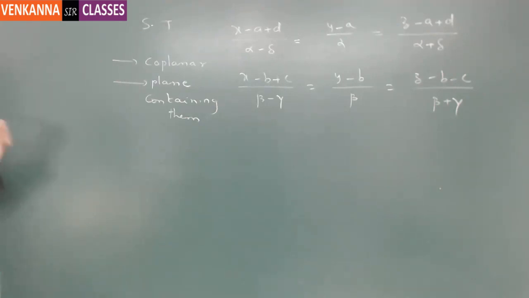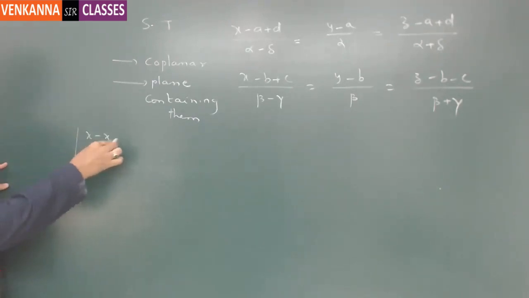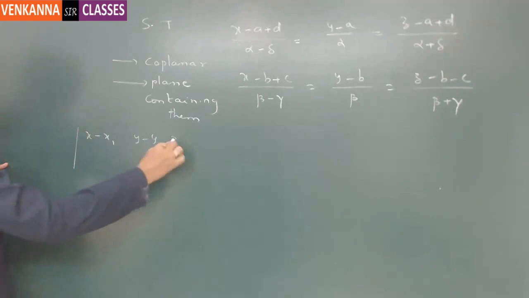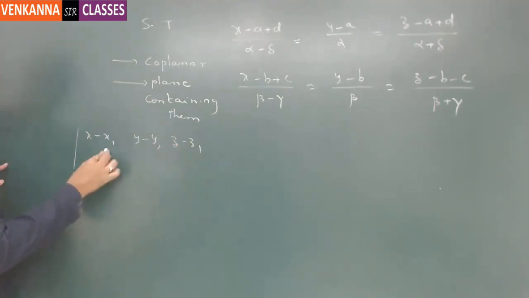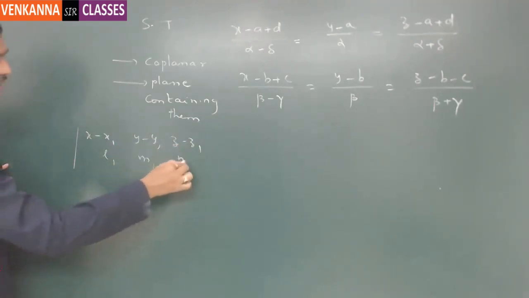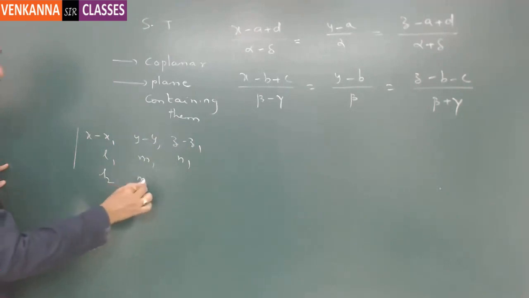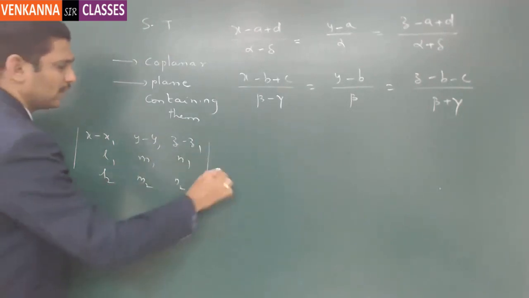Finding the plane containing them is very easy. I have given the determinant formula. Can you recall the determinant formula I mentioned? The determinant of x minus x1, y minus y1, z minus z1, L1, M1, N1, L2, M2, N2 equal to 0.